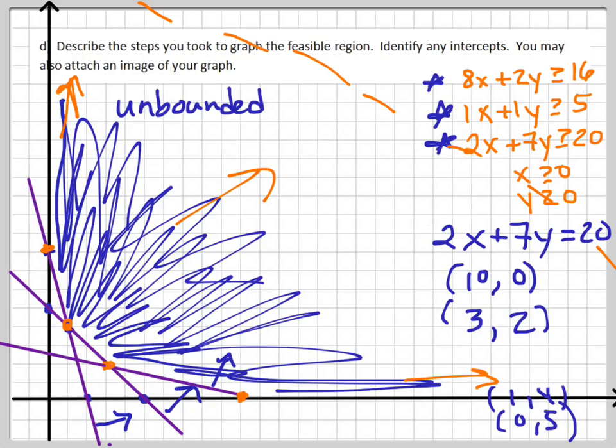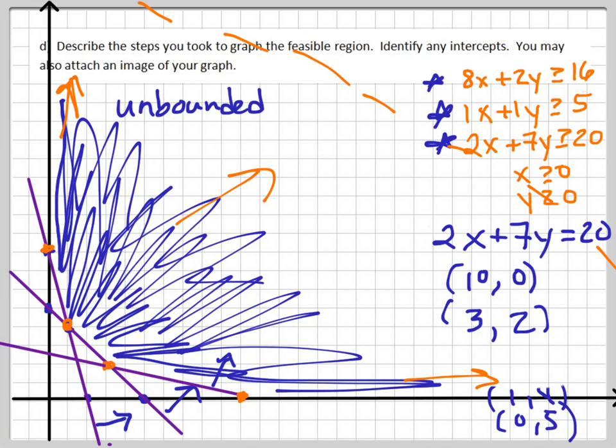Alright, so all of that to say, you may want to discuss what this region would look like, but you won't really be able to box in or draw the entire region, nor will you be able to identify all of the vertices, just the finite ones. So it looks like we have 4 of those.